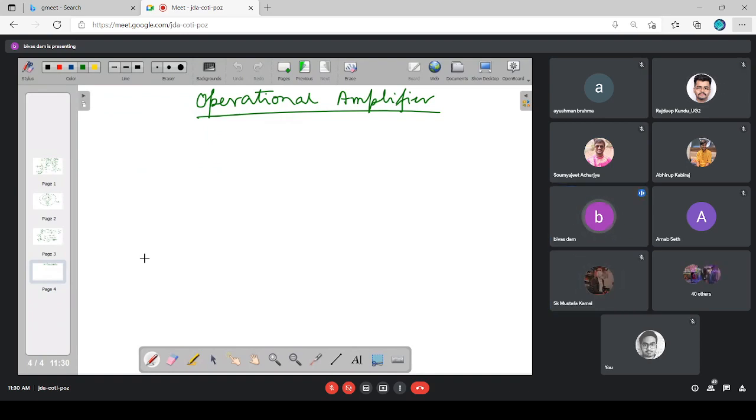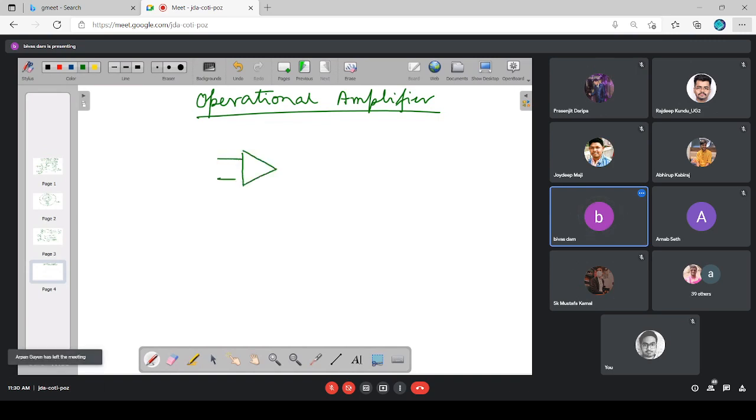How many outputs? 1. So basically this is one 3-terminal device. Apart from these 3 input and output terminals, some other DC source inputs should also be available. How many? Two. One is plus VSAT, the other one is minus VSAT.